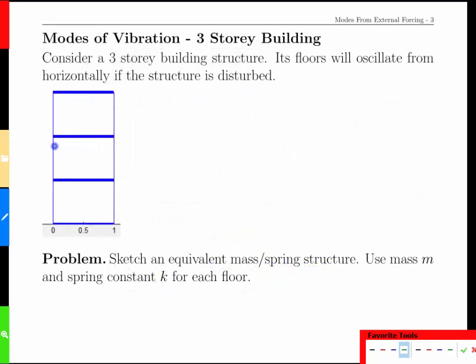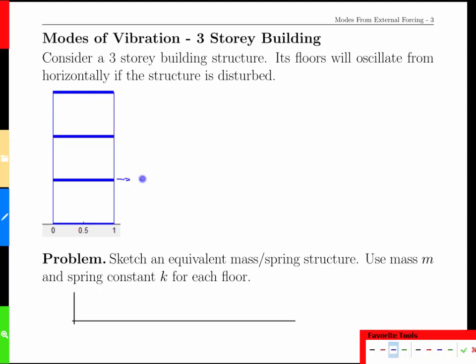However, we do want to explore one last system here before we get to the animations, just to see the range of behaviors we can see in even more complicated structures, like a 3-story building. This 3-story structure can be modeled as a sequence of springs and masses.